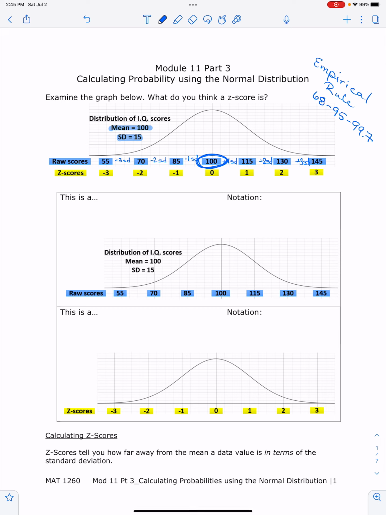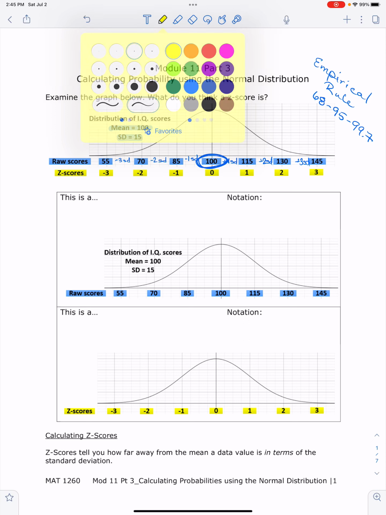And that's great if we are trying to approximate and we are looking for values that are 1 standard deviation above and below. Okay? It doesn't always work that way. So we also have something called a z-score.